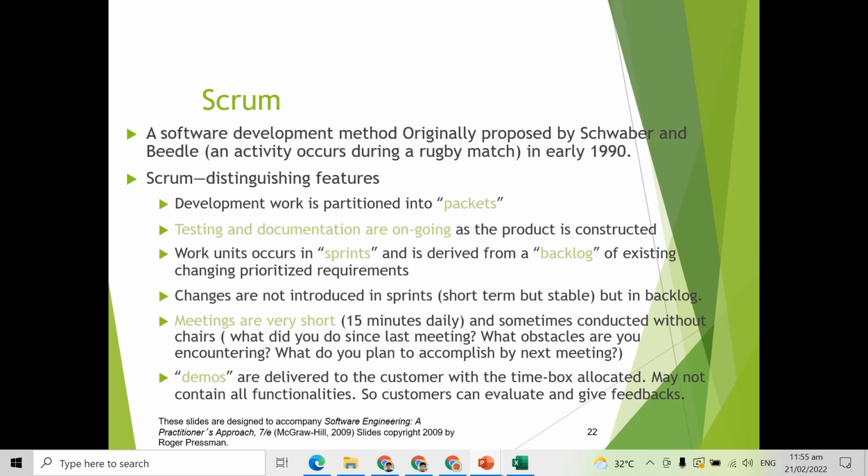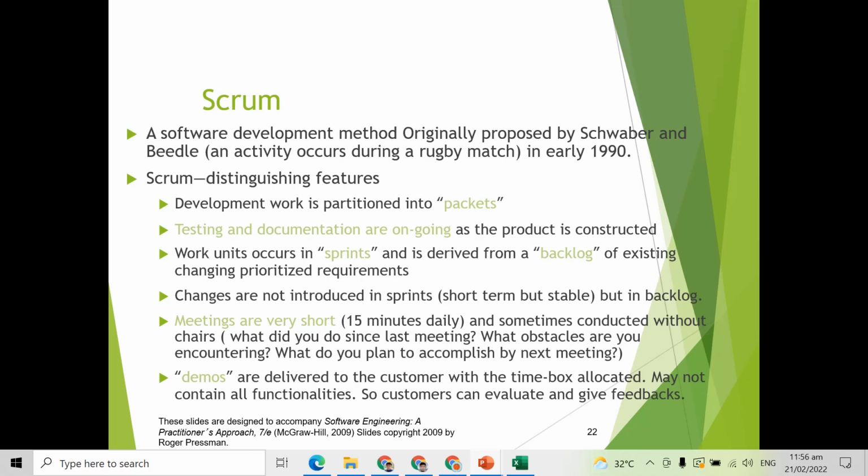So for Scrum, let's go on. It is a software development method originally proposed by Schwaber and Beedle, named for an activity that occurs during a rugby match in the early 90s. A rugby match is like football. Now, Scrum's distinguishing features: development work is partitioned into packets.